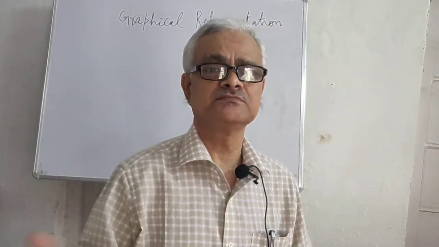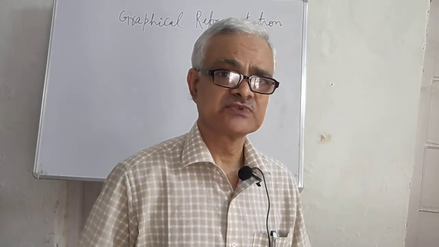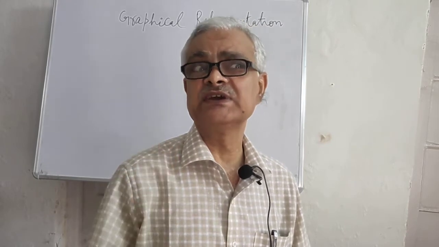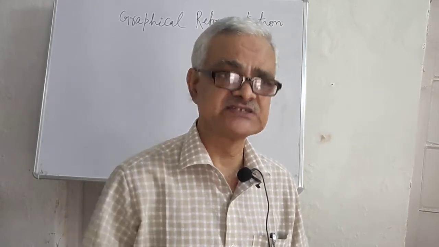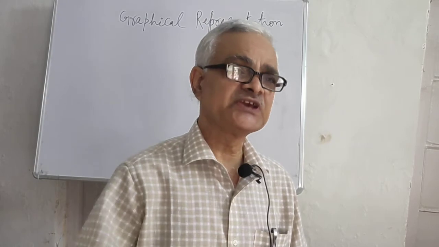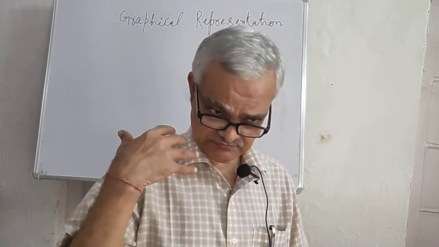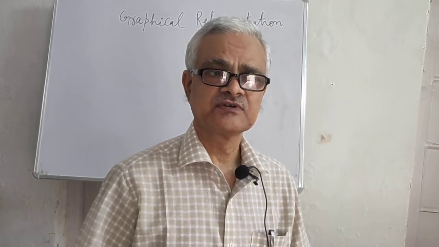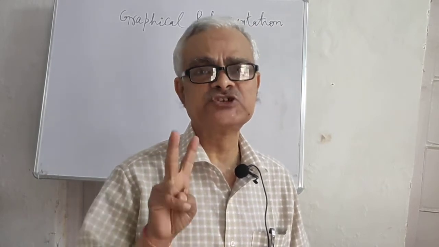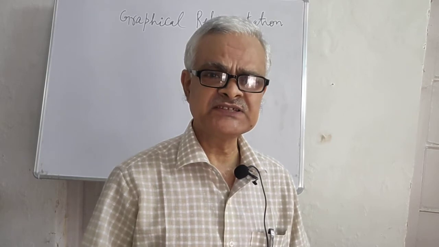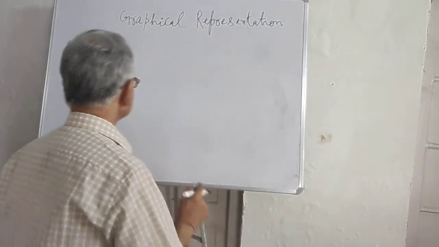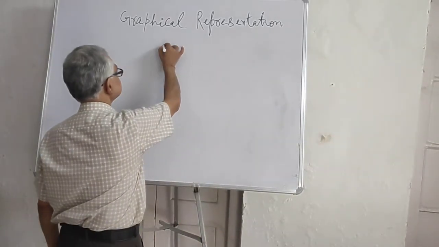There are n dimensions, but so far as graphical representation of data is concerned, for the location of a graph or drawing of a graph, we shall consider only two dimensions, which is known as two axes, you can see.